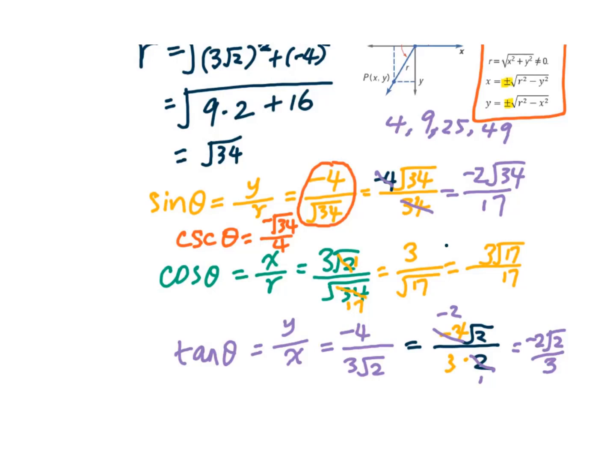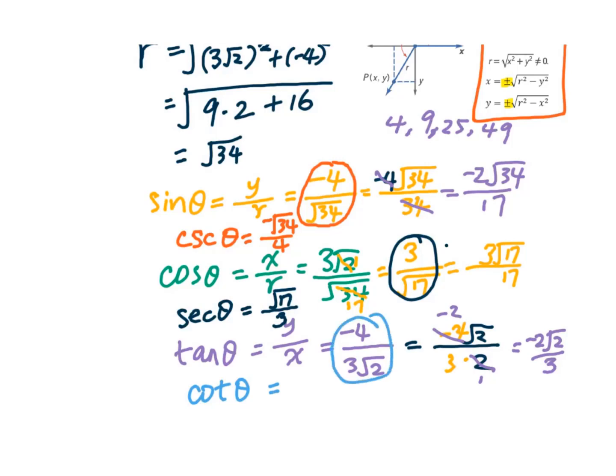For secant theta, we flip this one. That's square root of 17 over 3. For cotangent theta, I can flip this one. You will get -3 square root of 2 over 4.